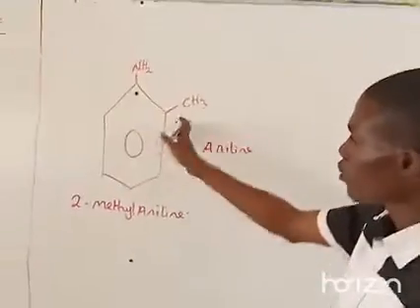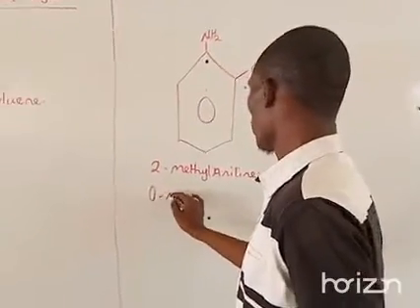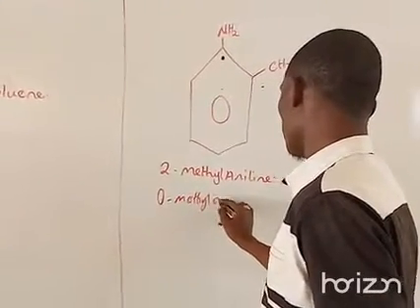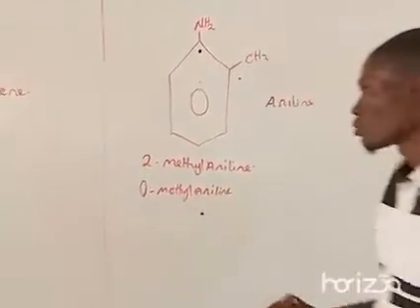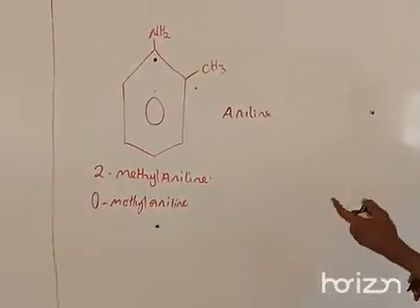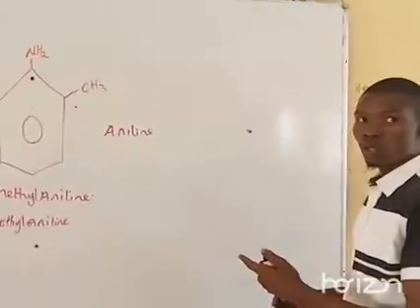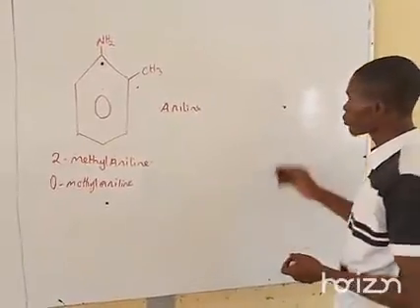Or you can also say O2-methyl aniline. Or you can say 2-methyl amino benzene. Or you can say O2-methyl amino benzene. Any way you write it, the same thing is correct.